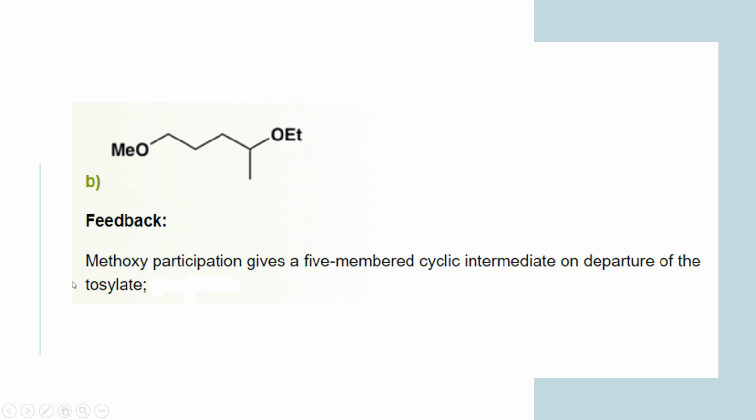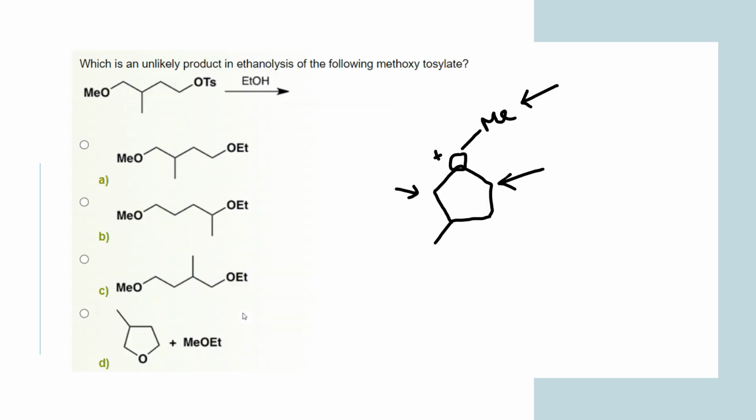And this is the description that methoxy participation gives a 5-membered cyclic intermediate on departure of the tosylate. So this is the 5-membered reactive intermediate which will be opened up by the incoming ethoxide.